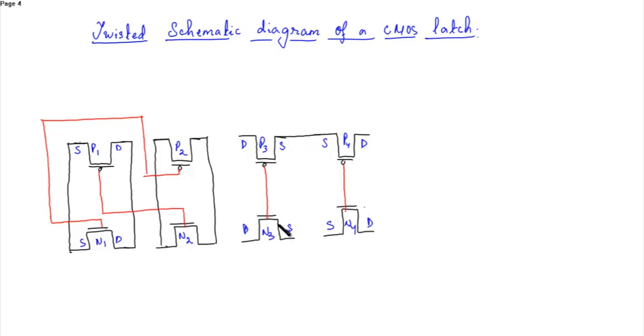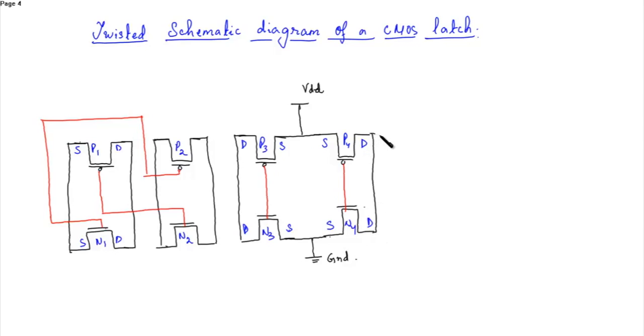So we can just connect here directly, then connect to VDD. From here connect to ground. From here the drains are connected because the output of the inverter is obtained from the drain. Similarly over here.